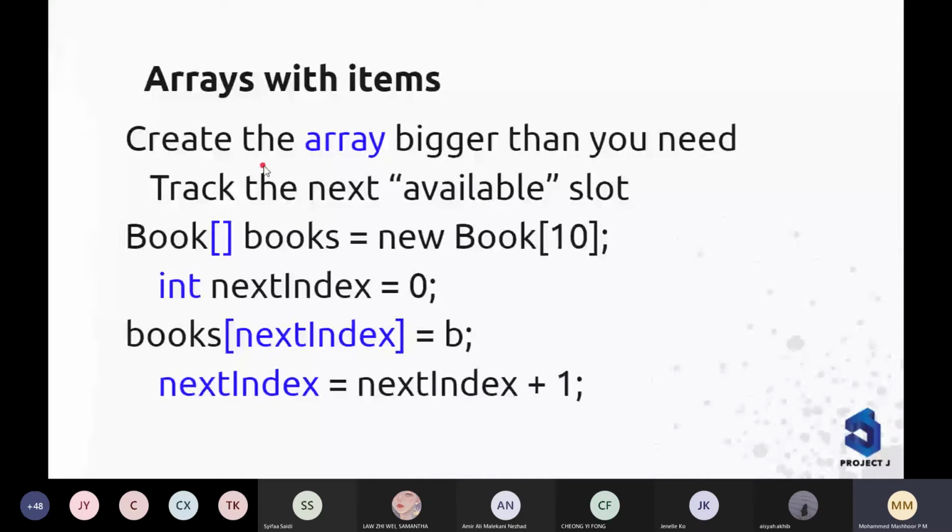So in arrays, as you all know, we need to declare it like this, right? We need to mention the size of it, right? So here we are giving 10 as the space. So what if we are creating an array which is bigger than we need? We are creating an array of 10 spaces here. But what if we are using only 5 spaces?